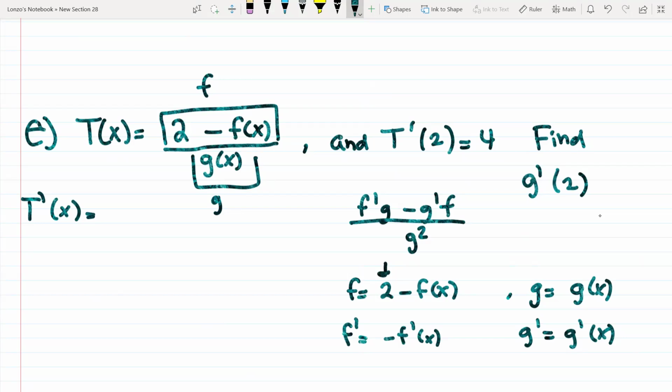So f prime is negative f prime of x times regular g, which is just g of x, minus bracket g prime is g prime of x times f, which is just 2 minus f of x, all over g squared.